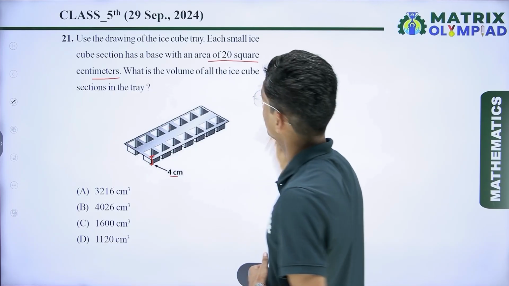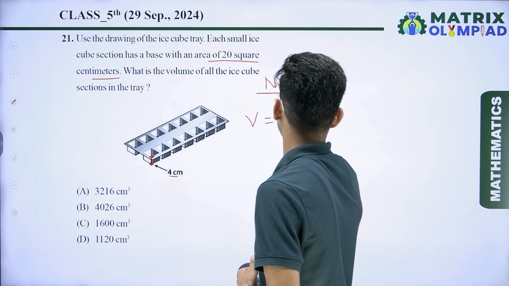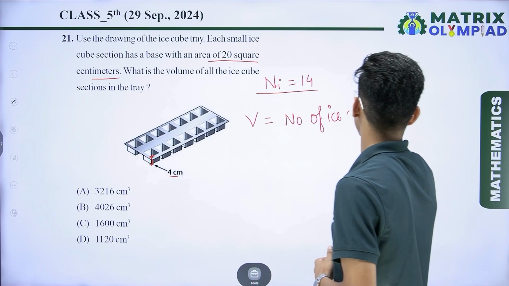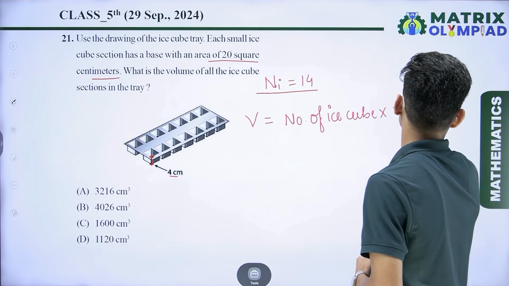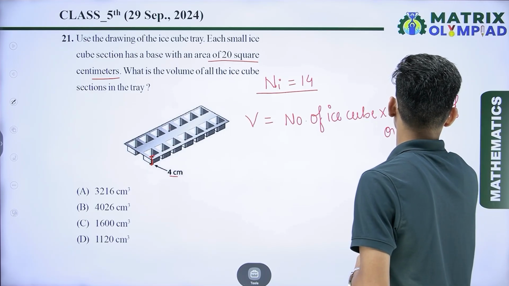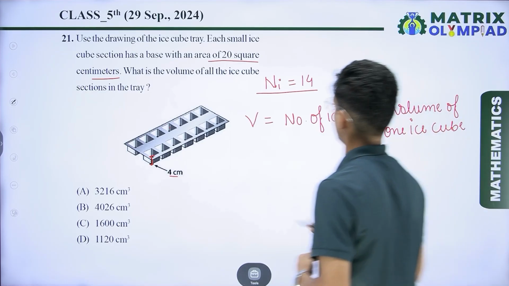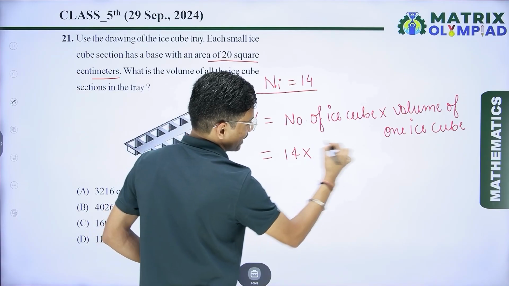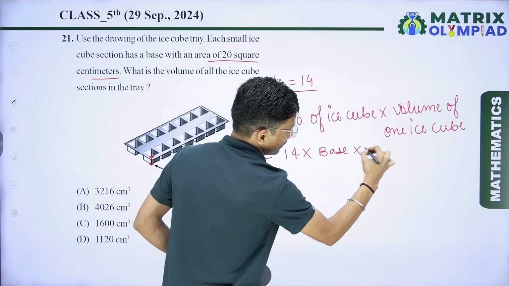Now we have to find the volume of all the ice cubes. Volume is equal to the number of ice cubes multiplied by the volume of one ice cube. Here the number of ice cubes is 14, and the volume of one ice cube is base multiplied by height.